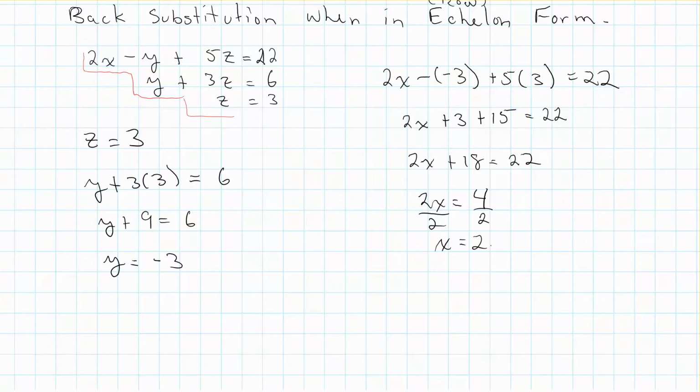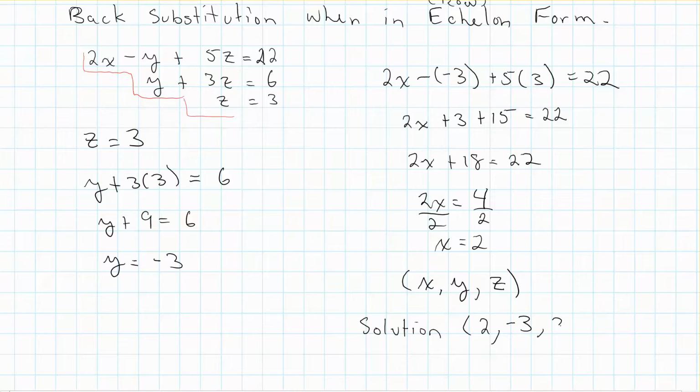So if you plot these in 3 dimensions, it's not ordered pairs, it's ordered triplets, it's x, y, z. So it is important that you write the order down correctly. So the solution here would be (2, negative 3, 3).